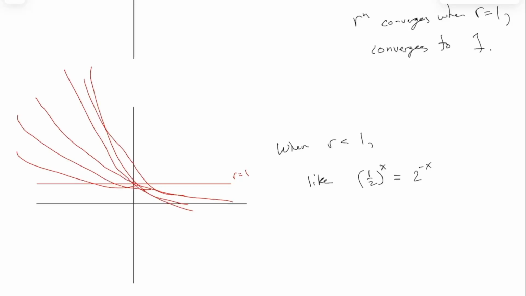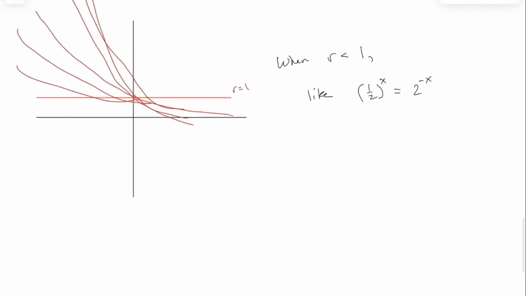So when r is less than 1, this is only for r greater than 0. When r is 0, you get this special thing where you just get straight 0 all the way across.